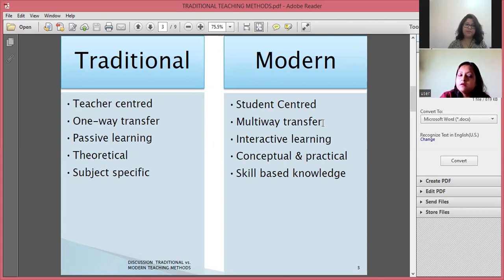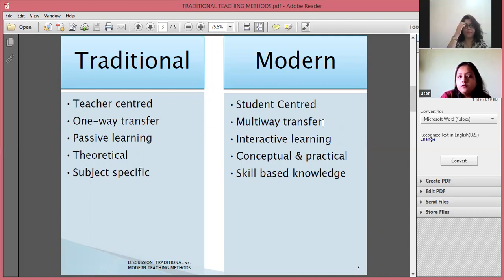You can see in the earlier picture that the teacher teaches something and the student does nothing. So it is teacher centered, and the modern method is an interactive session. So the student is included, and this is student centered.